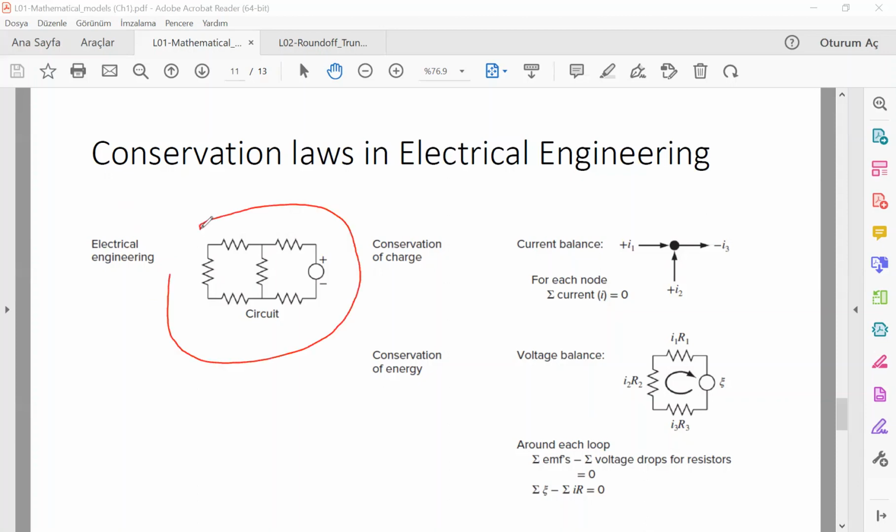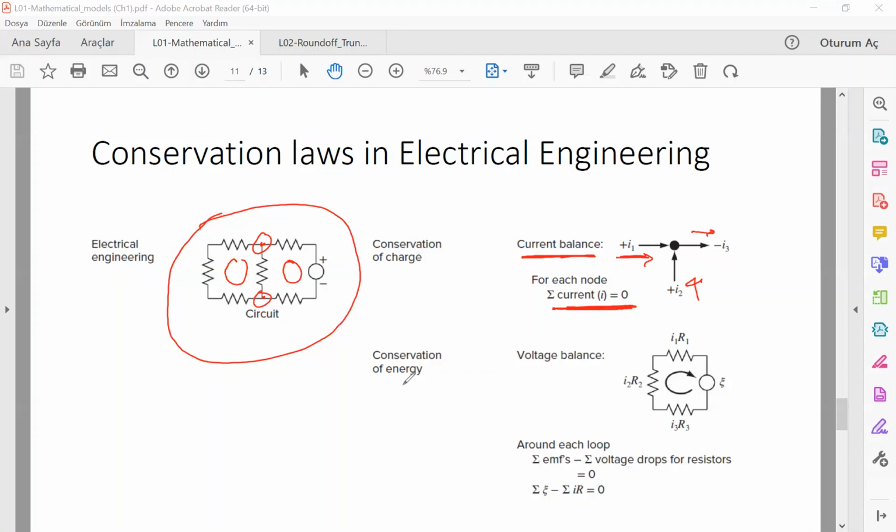This is a typical electrical circuit where there are two loops, and we have some node here. And we can use conservation laws in this circuit. If we look into the nodes in here, there is an input current here, an input current here, and an output current here. Then if there is a balance, the sum of these currents should be zero, which means that is the steady state.